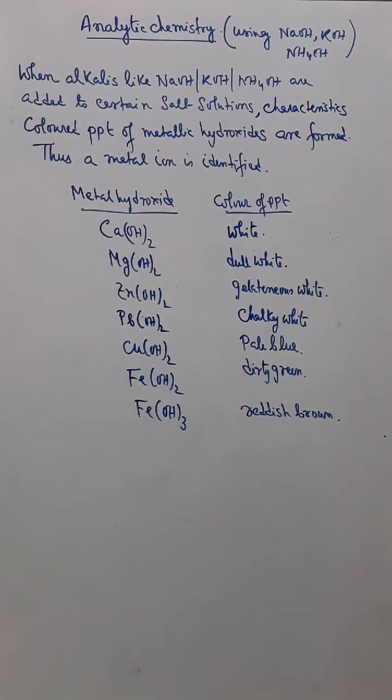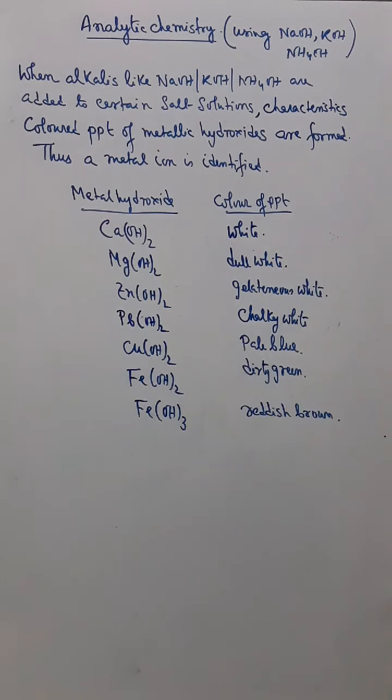That means we will analyze which elements a certain chemical compound is made up of, what positive radical and what negative radical it's made up of. We identify by that.